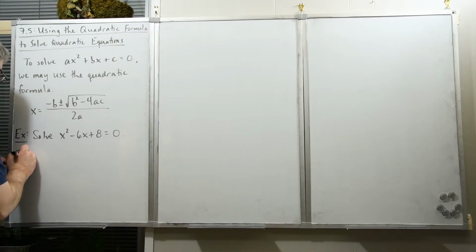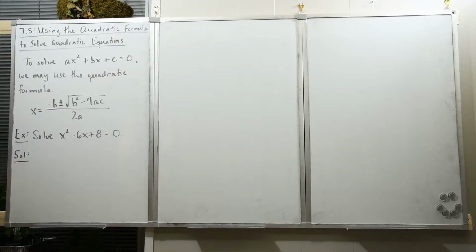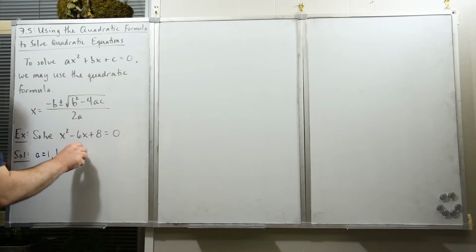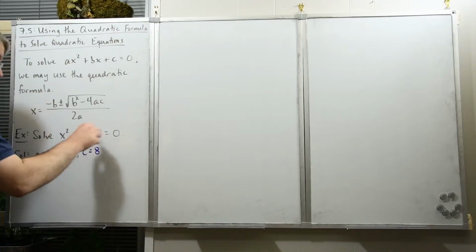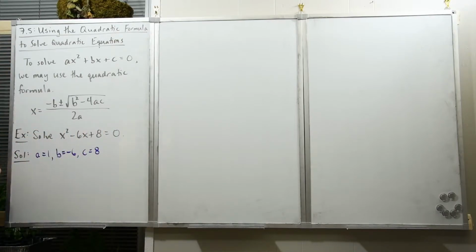And so, in this particular case, a is our coefficient of x squared. A would be 1. B is the coefficient of x, which is negative 6. And then c is the constant, which is 8. Keep in mind, this equation is in the form we're looking for.